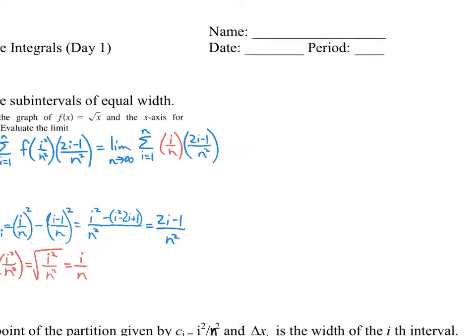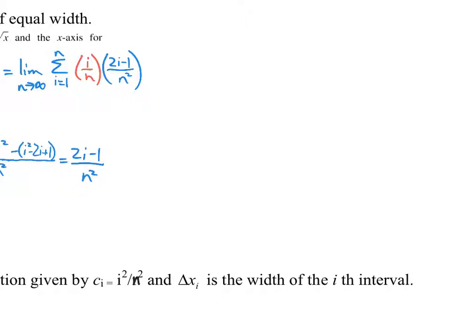You need to rewrite the sum in terms of things we have formulas for. So I'm going to distribute the i. I'm actually going to factor out a 1 over n cubed. So it's still the limit as n approaches infinity, but I'm going to factor out the 1 over n cubed outside the sum, and I have the sum of 2i squared minus i.